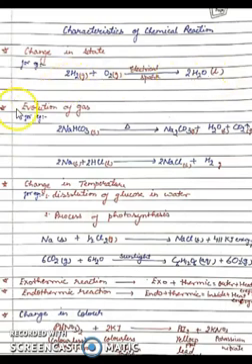The second characteristic is evolution of gas. In many chemical reactions, you will observe that there is a release of different types of gas. The most common example is something we might observe in our house also.